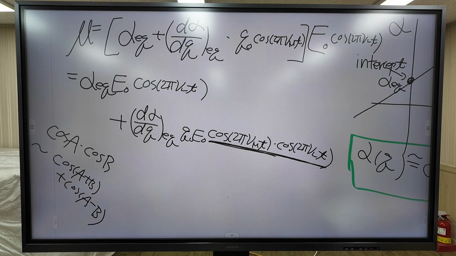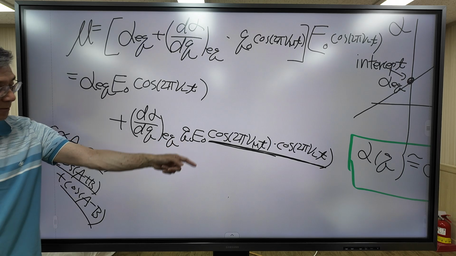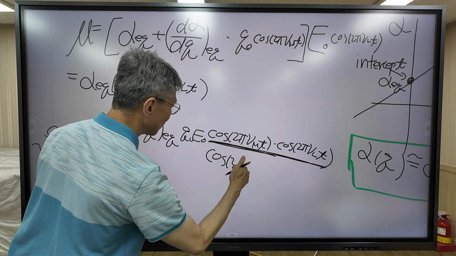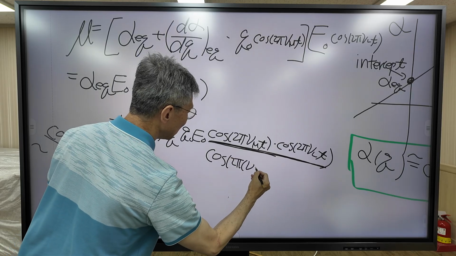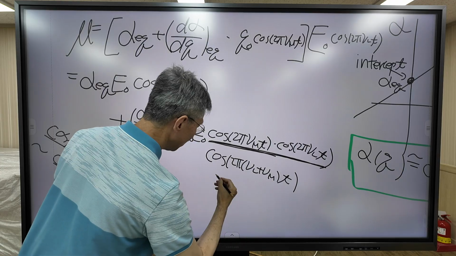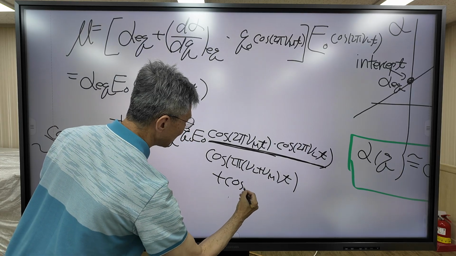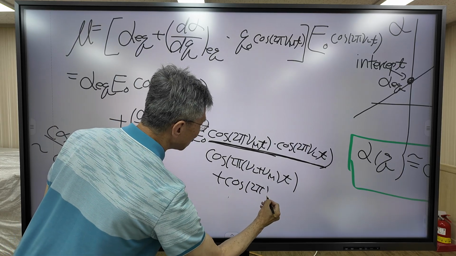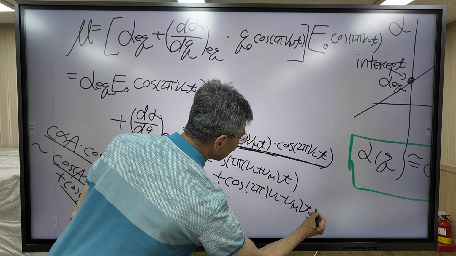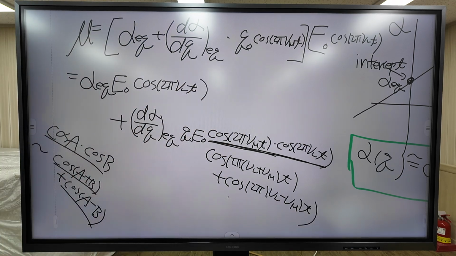Anyway, this term is equal to cosine 2 pi (nu L plus nu M) t and cosine 2 pi (nu L minus nu M) t. This is our final expression.